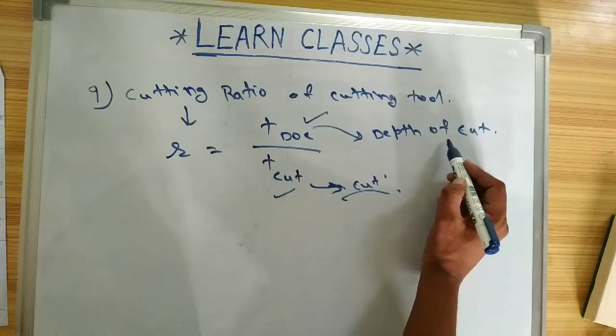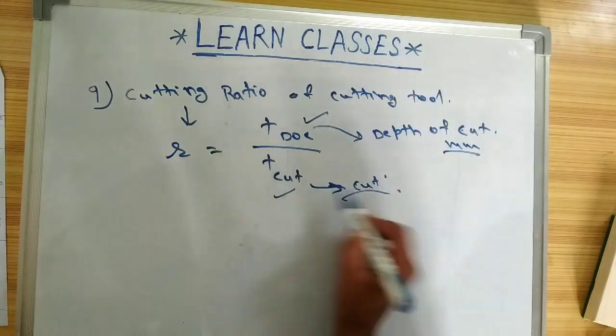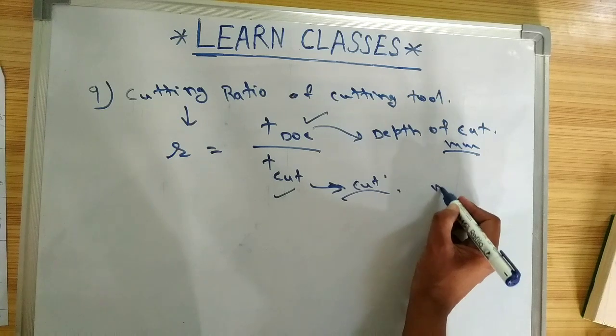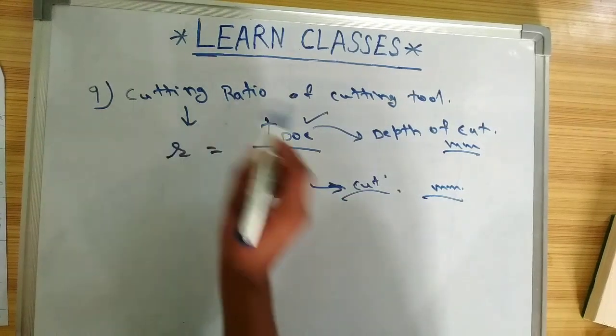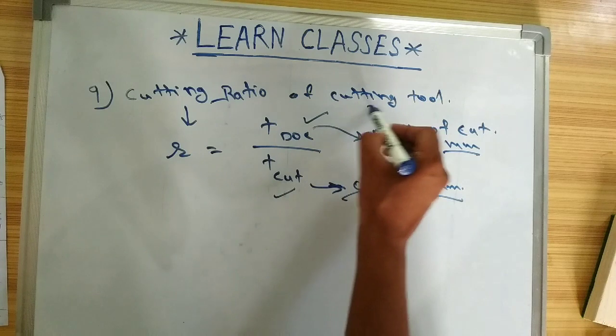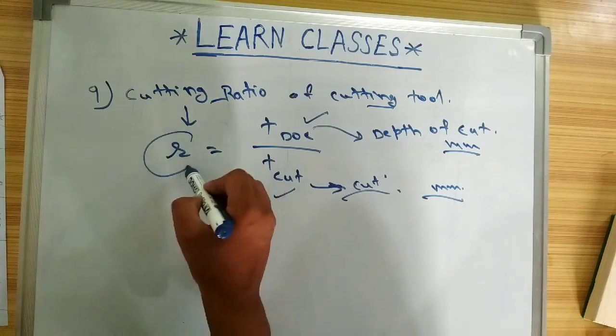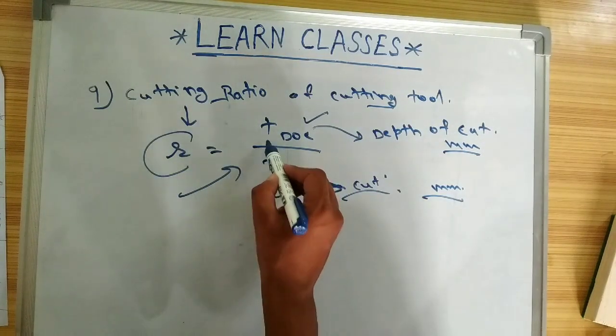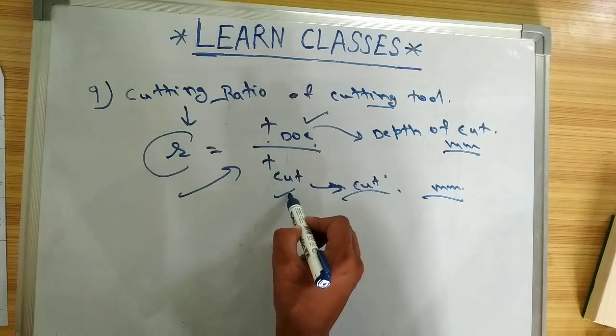It is commonly taken in mm, and T cut is also taken in mm. So the cutting ratio of the cutting tool is denoted by R and the formula is T DOC by T cut.